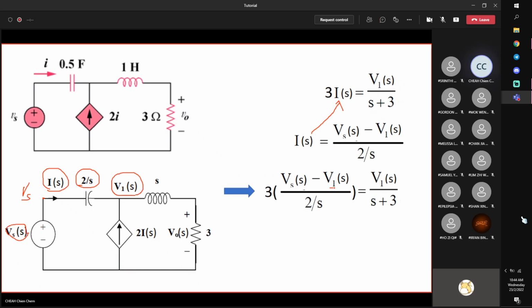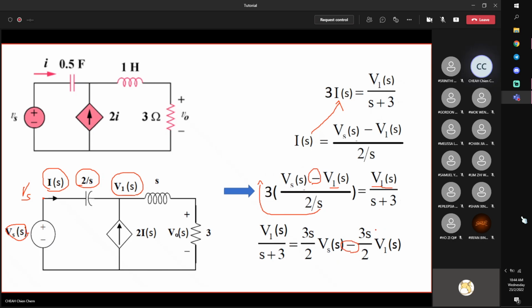So after that, do some algebraic manipulations to group V1 together. Before that, you may want to simplify it step by step. Here, basically what I do is I just bring S to the numerators, and then I separate these two terms clearly.